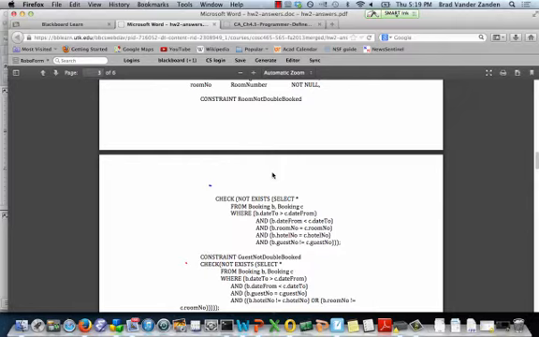So for rooms not being double booked, what you needed to do was you're kind of wanting to make sure that if you have the same room, let's say these are the two date ranges. So this is date from, date to, from, and to.